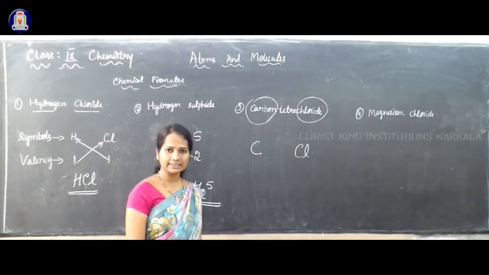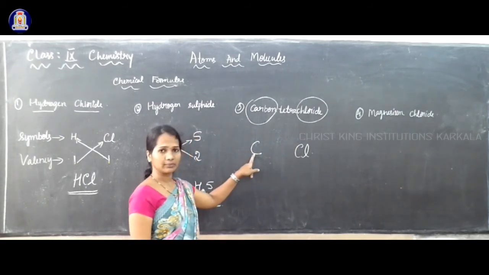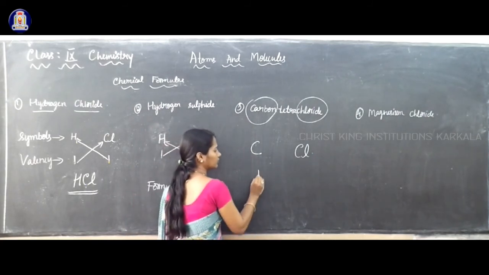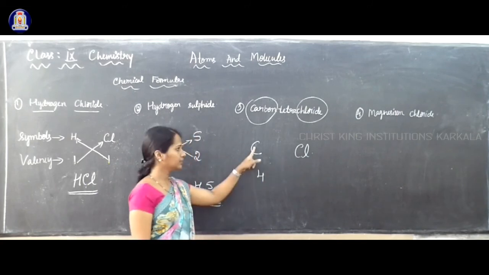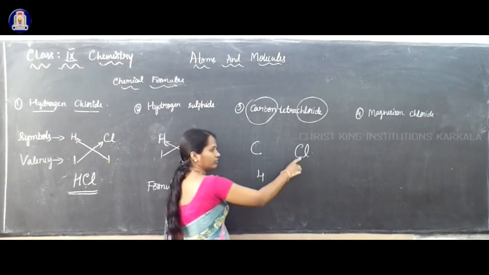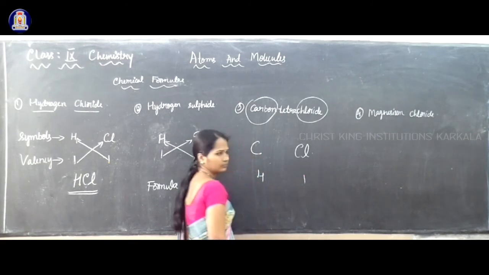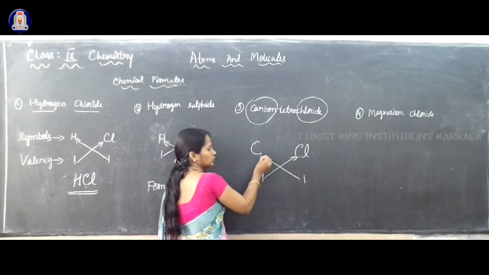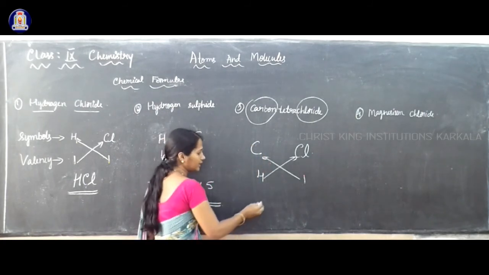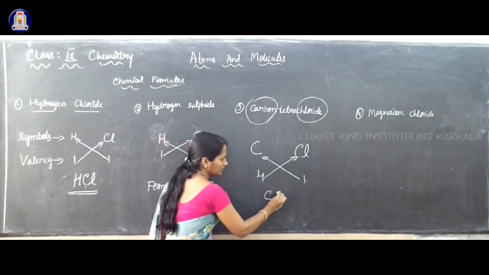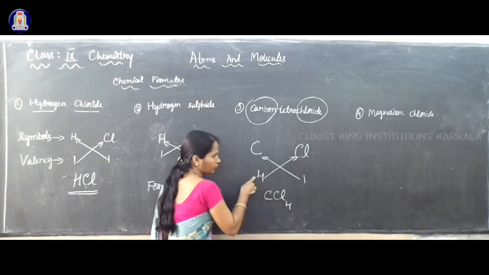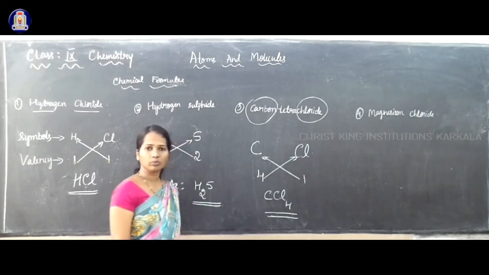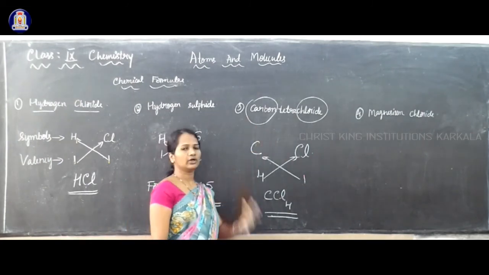Now the valency: you have to remember that the valency of carbon is 4, and the valency of chlorine is 1. So the 4 goes to chlorine, the 1 goes to carbon. The formula is C1Cl4, so CCl4. This is the chemical formula of carbon tetrachloride.